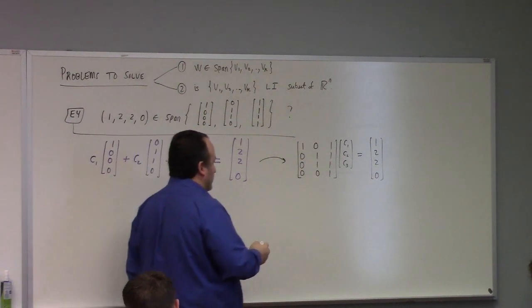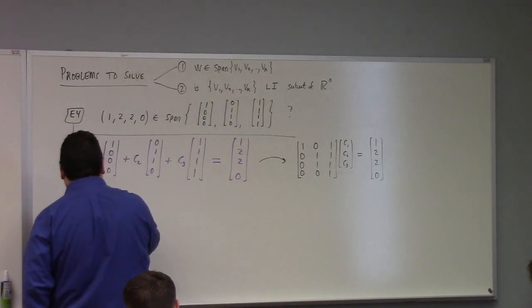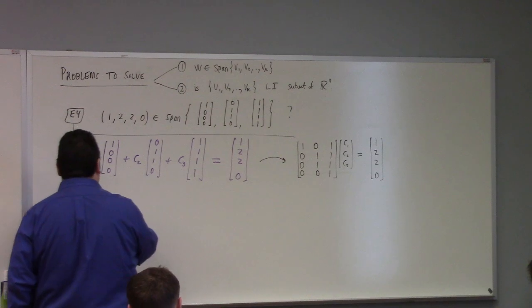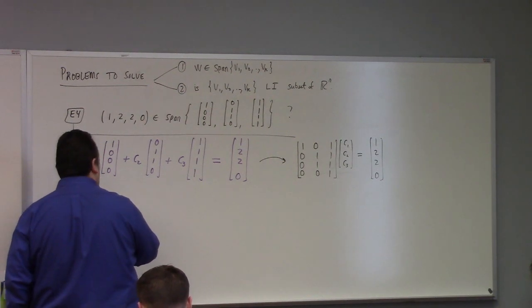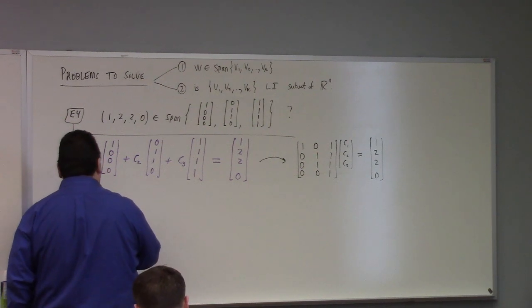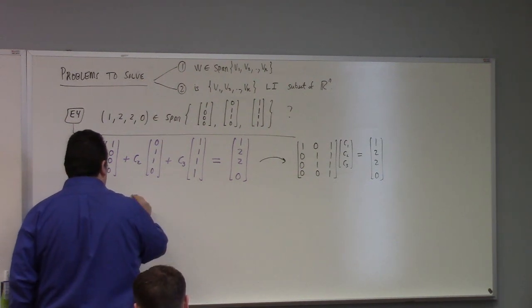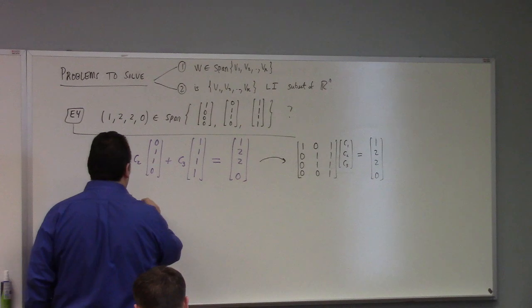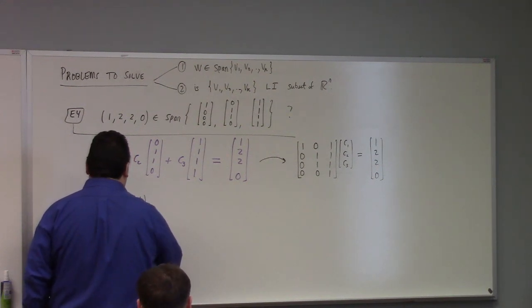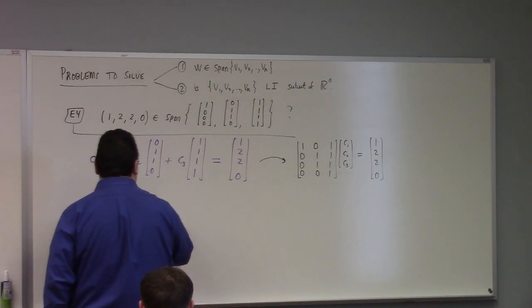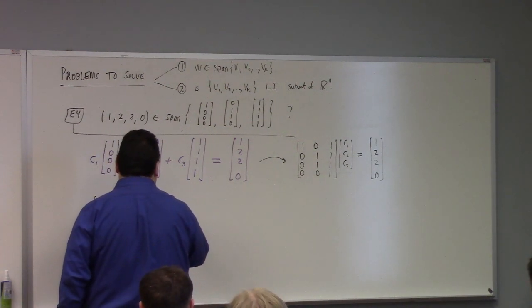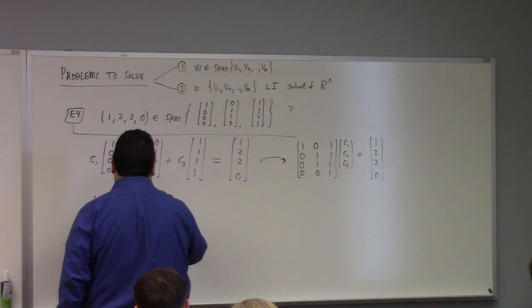You guys help me out with the row operations. Here we have the matrix, and our inhomogeneous column is (1, 2, 2, 0). What are we going to do here? How about we do row 3 minus row 2, right?